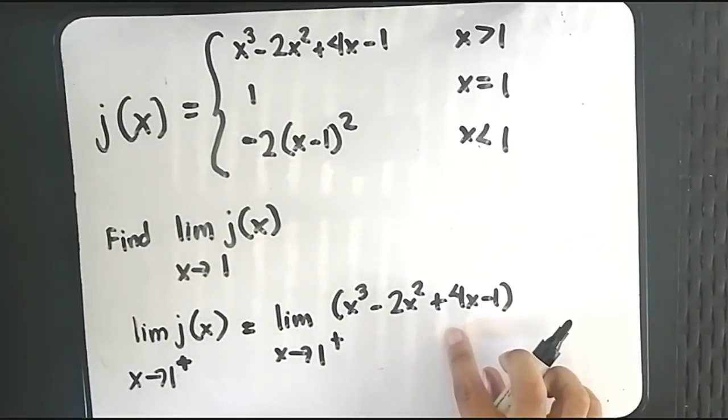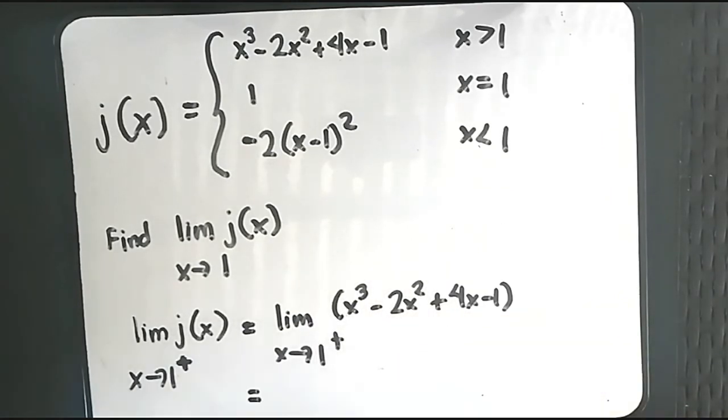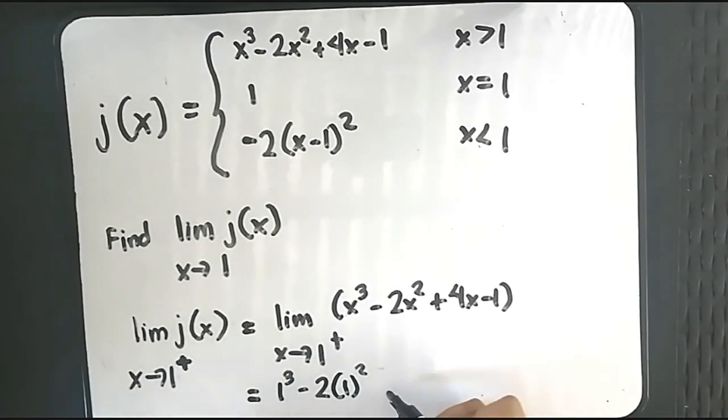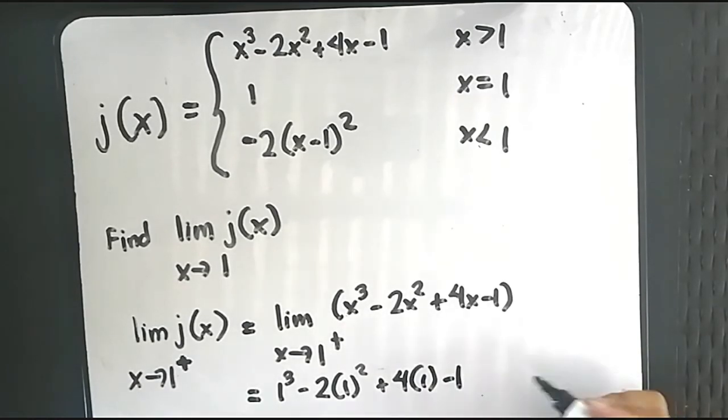Since this is a polynomial function, we can actually substitute. We have 1 cubed minus 2 times 1 squared plus 4 times 1 minus 1, which is equal to 2.